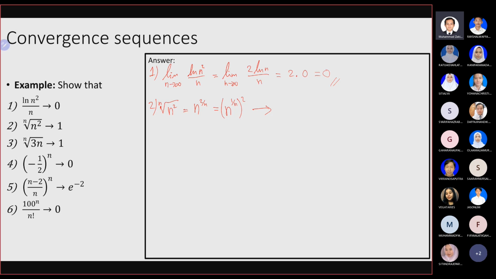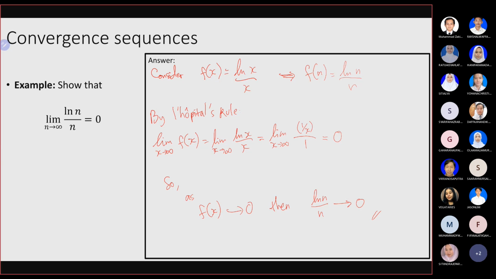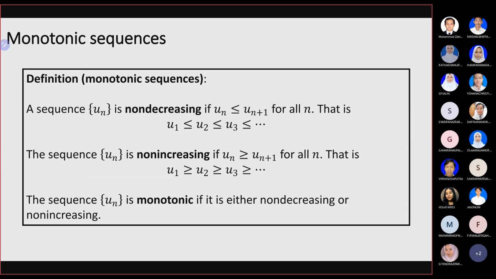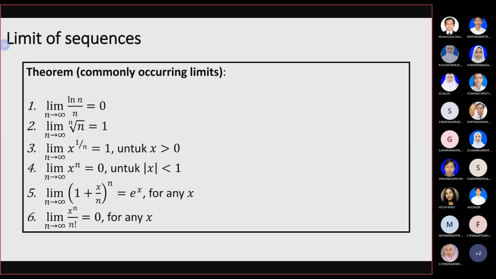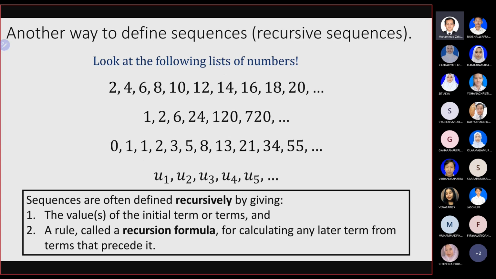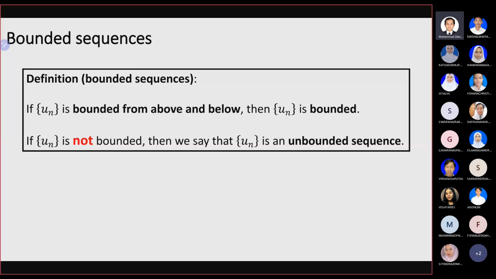And if we take a look at this table, the limit as n goes to infinity of the nth root of n is 1. So basically, we just need to follow that.